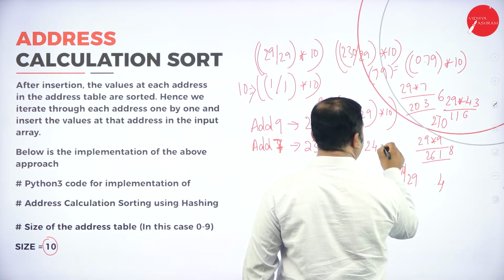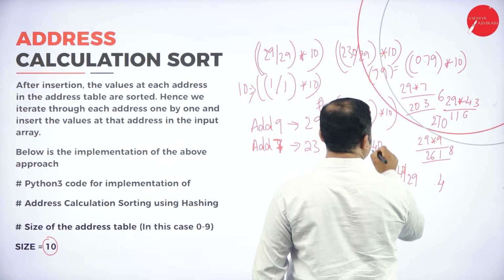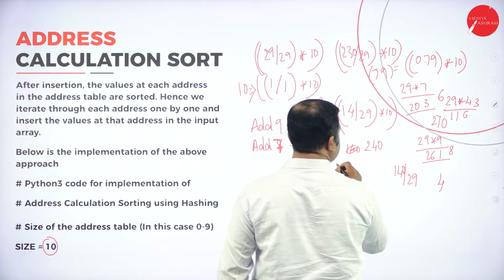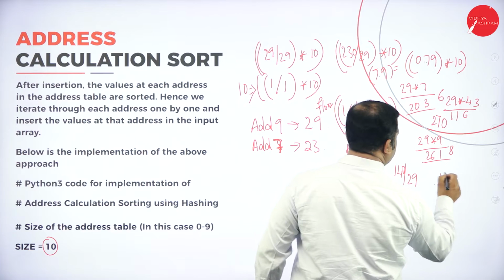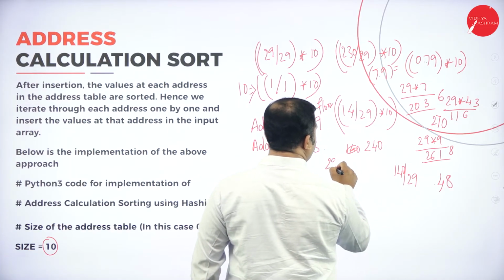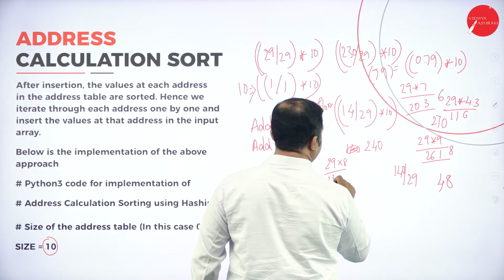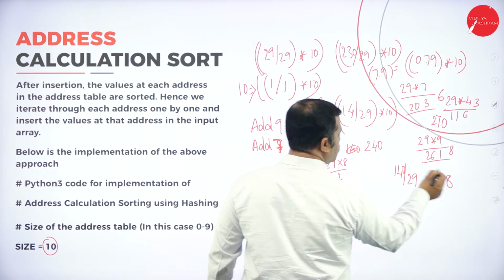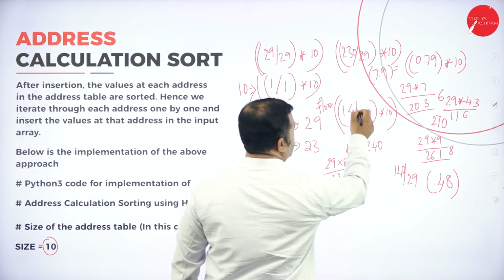With 24 0 we have 24 8s, that is 29 into 8s is equal to 232, which is less than 240. So we have the value 0.48 with this.